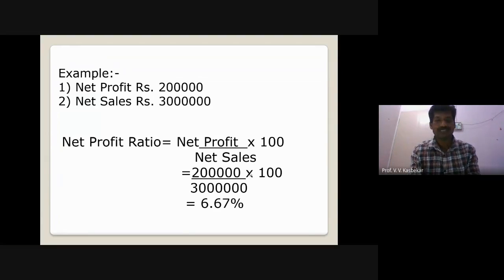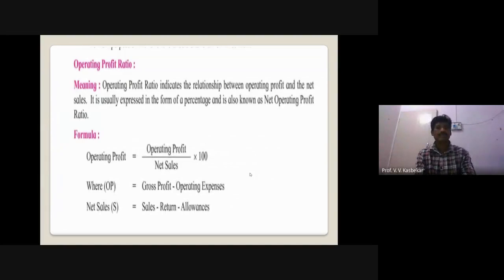So net profit is 2 lakhs, net sales are 30 lakhs, into 100, and we got the percentage of net profit to net sales, it is 6.67%.